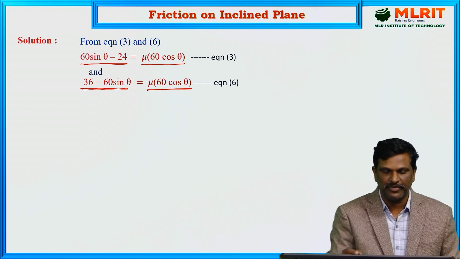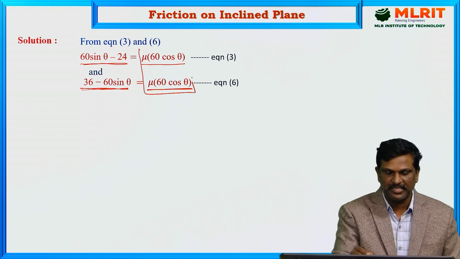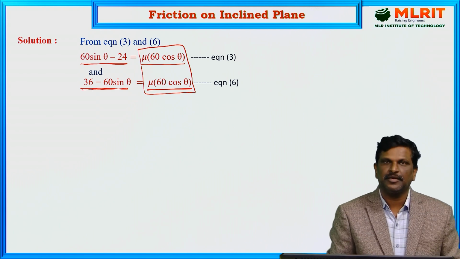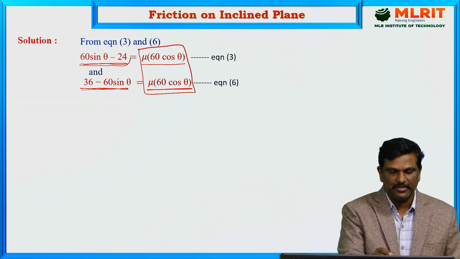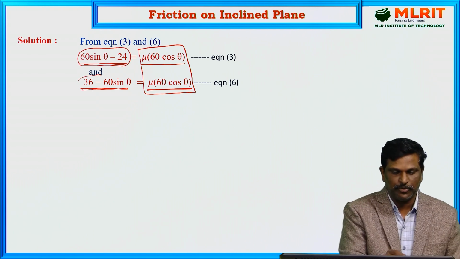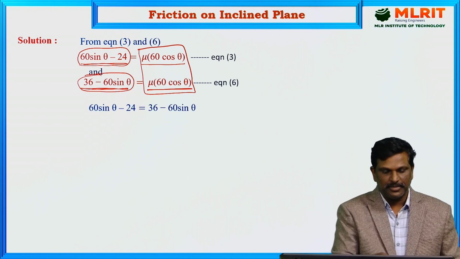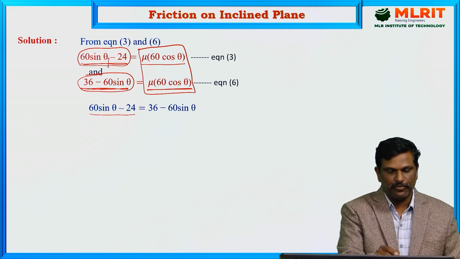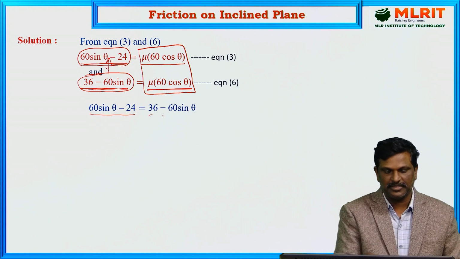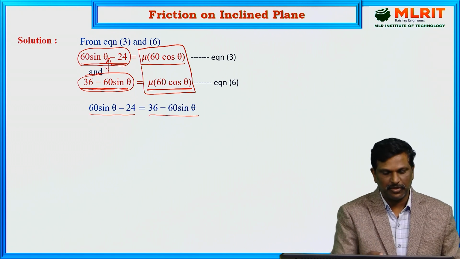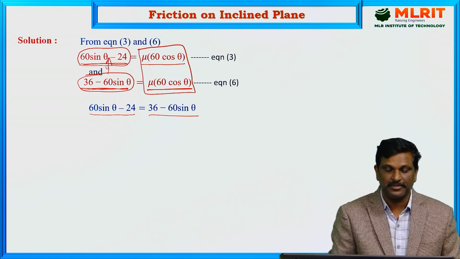In these two equations, the right hand side is the same. That means 60 sin theta minus 24 is equal to 36 minus 60 sin theta. By solving these two equations, we can find the theta value, the angle of inclination between the horizontal and plane.